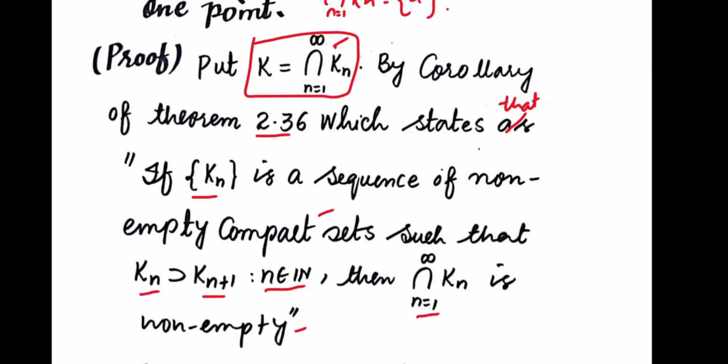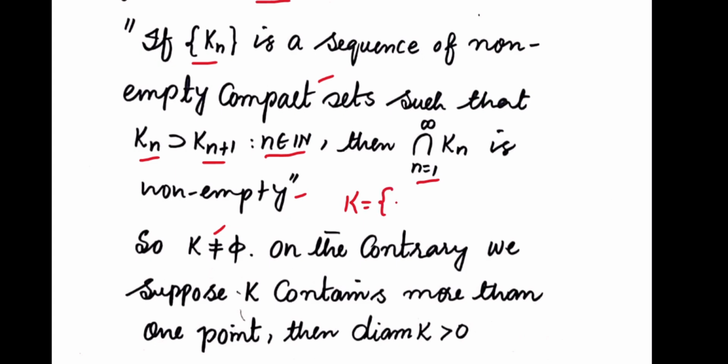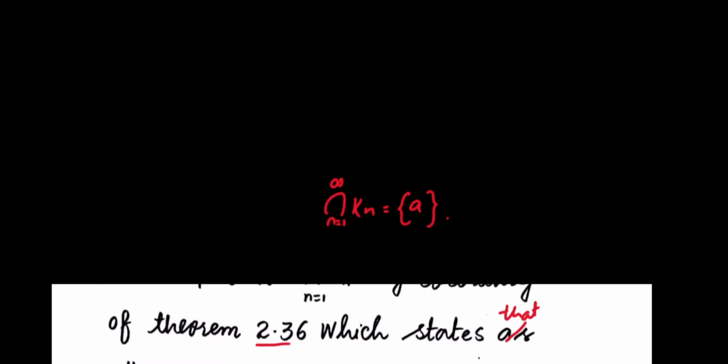So according to this corollary, as I have put this intersection equal to K, it means this K is non-empty. Now I have to show this K is non-empty, but it should be a singleton set, containing just a single point. This is our requirement.